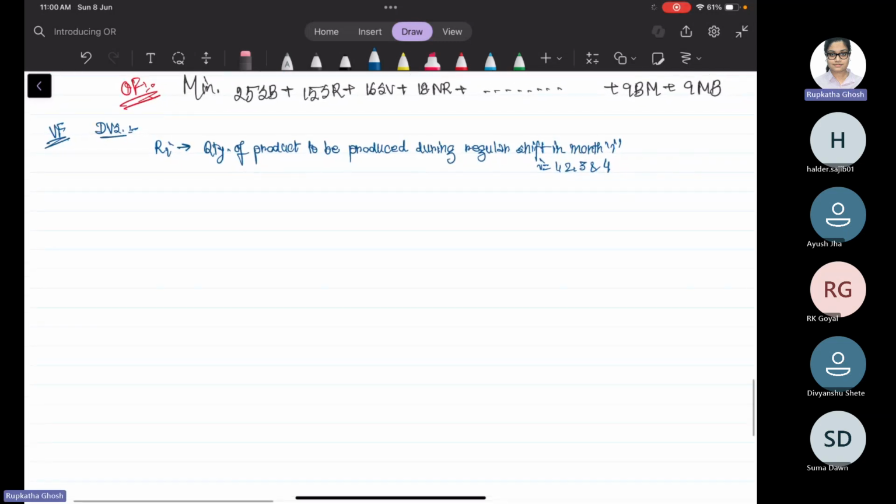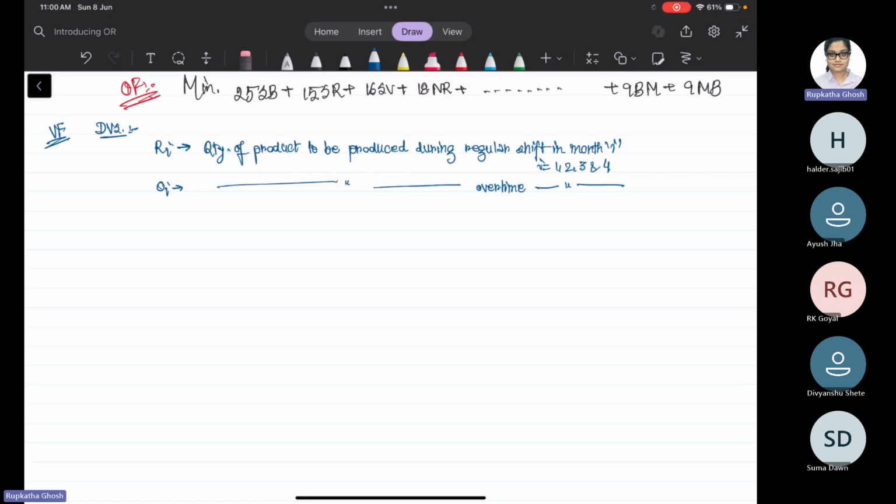And the same thing would be, let's say OI, that is quantity of product to be produced during overtime in the ith month. Because see, you have two costs associated. One are regular shift costs, another one is overtime cost.